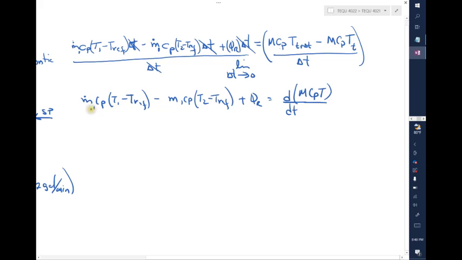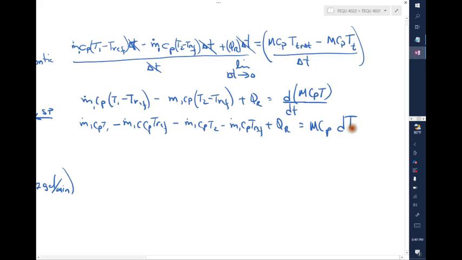You can see that I have M1 Cp T1 minus M1 Cp T reference minus M1 Cp T2 minus M1 Cp T reference plus QR equal. mCp is a constant, so you can get them out. mCp change in temperature versus time. That's what we get.